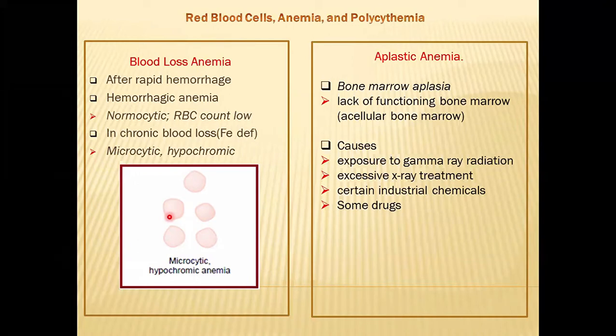Like in the community nowadays, there are cases of diabetes rising. The first line of anti-diabetic drug we give is metformin. A lot of people will not take metformin because they say it will damage their liver.